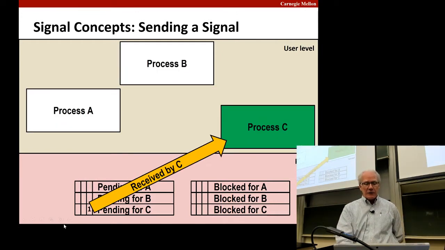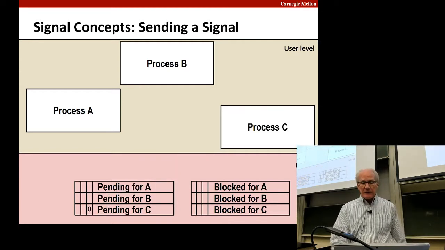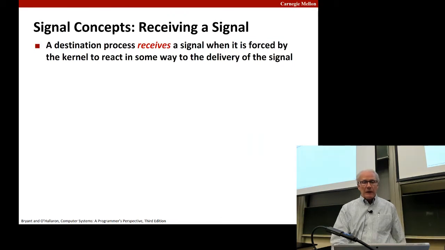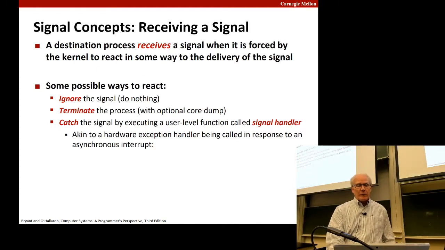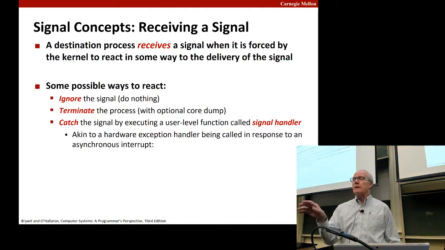But eventually, imagine this signal got set for C, and process C now responds to that. And when it responds, something's going to happen. As I mentioned, one of the possibilities is it will ignore it. So even though that signal was delivered, nothing happens.